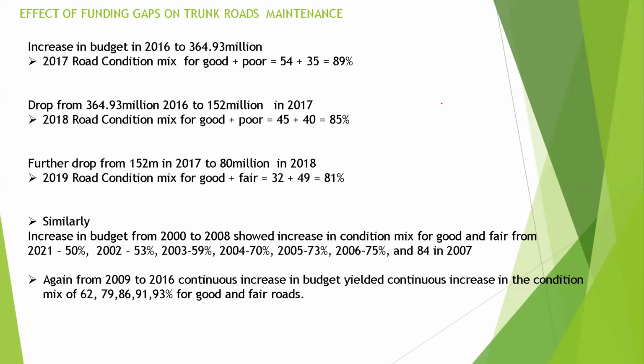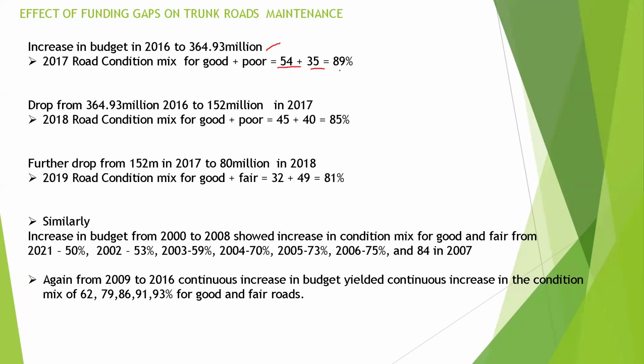So for example, in 2016, the budget rose to 364.93 million. That was a very significant jump in the money that was released. So when I conduct the 2017 road condition survey, you realize that I have 54, which is good, and 35, which is fair.